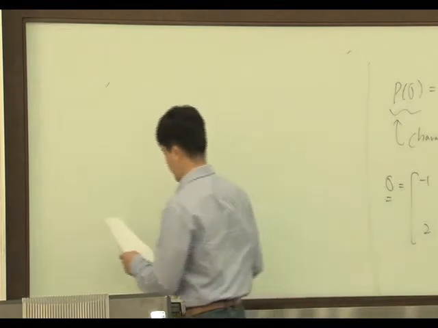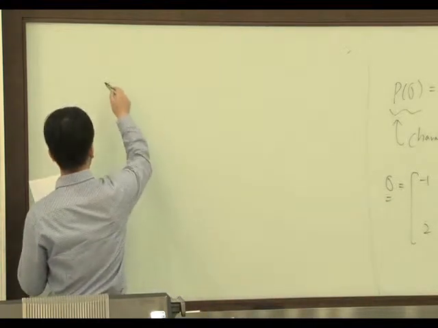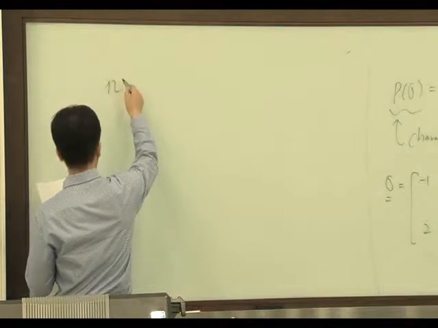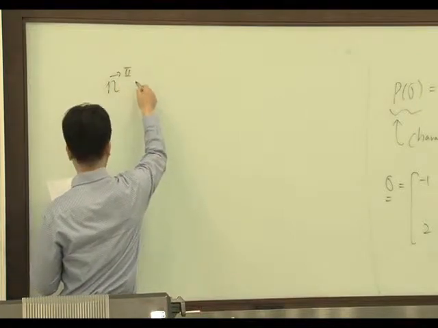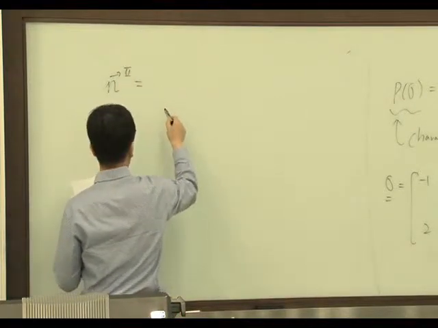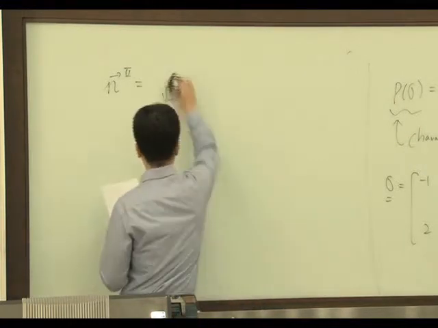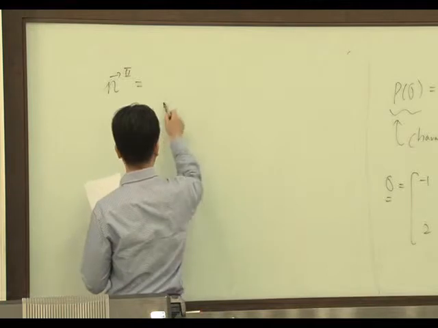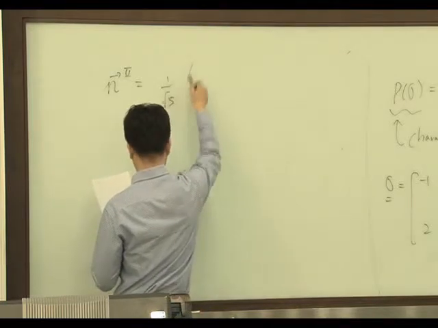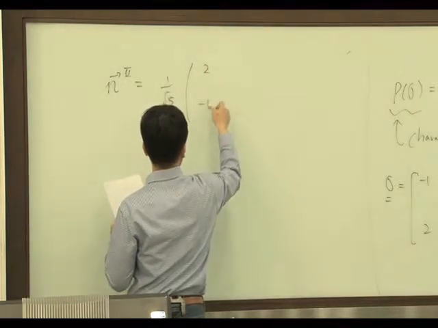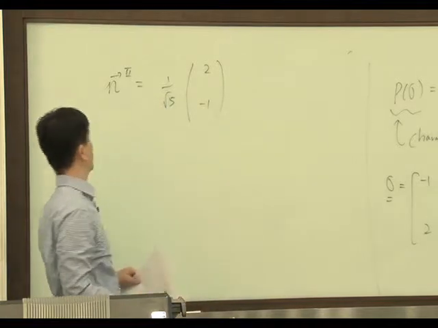So N2 becomes, after normalizing the vector, (2, -1) over square root 5, something like this.